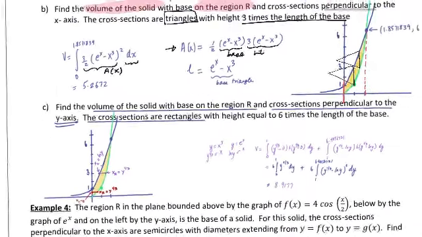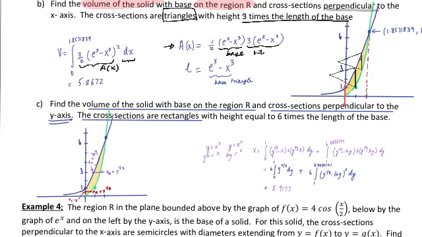Okay, for the last part, things are a little bit different, and this is what I wanted to explain better. We have for part C, a volume of the solid with base on the region R, so still on that yellow region, but cross sections are perpendicular to the y-axis. The cross sections are rectangles, and they have a height 6 times the length of the base, right?